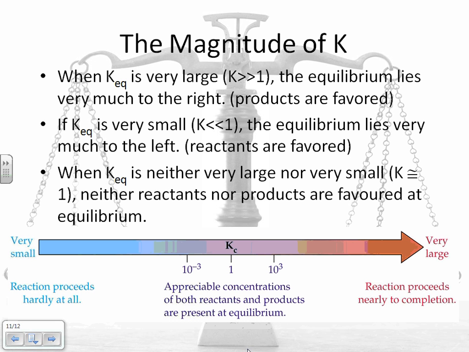So there's a quick diagram. I think I got that out of your textbook. When KEQ is very small, the reaction hardly proceeds at all because the reactants are favored. When KEQ is very large, the reaction proceeds nearly to completion and you have almost all products and no reactants left. And then in the middle, you've got about the same or similar concentrations of reactants and products.